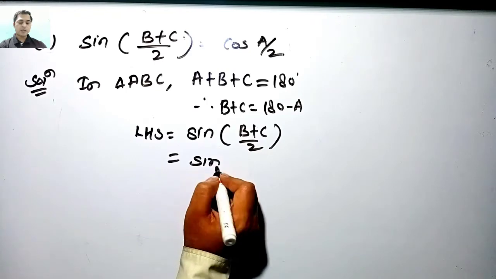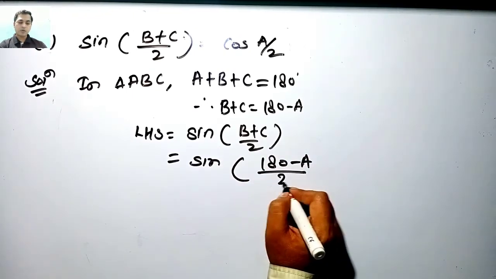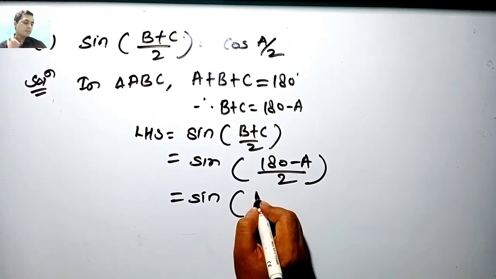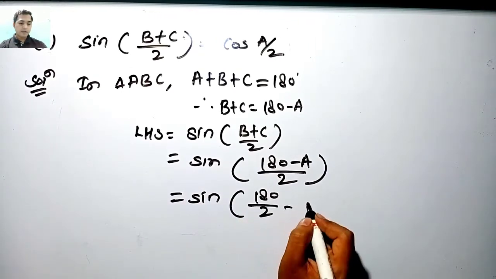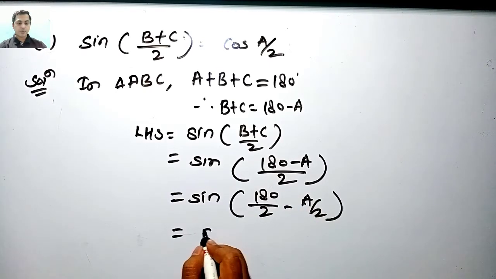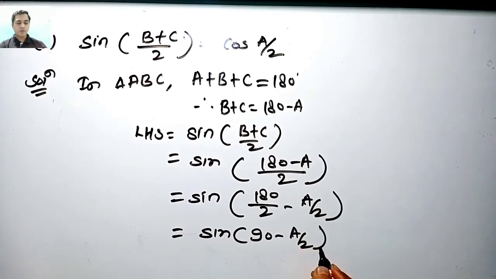Now substituting the value of B plus C, (180 minus A) divided by 2, right? So sin(180 divided by 2 minus A by 2), so sin(90 minus A by 2), and we know that sin(90 minus theta) is cos theta. In place of theta there is A by 2, so we will write cos(A by 2).